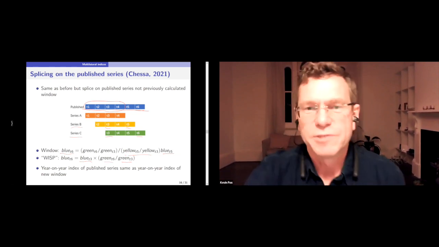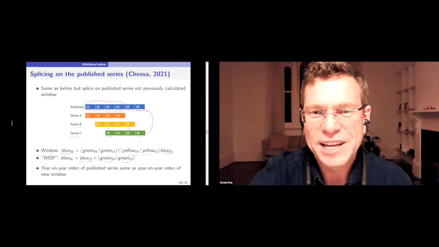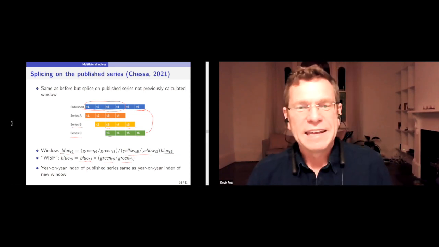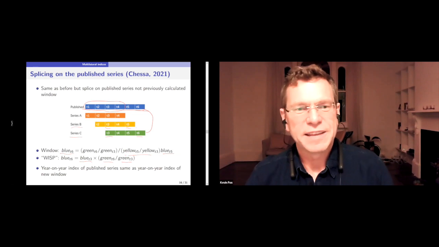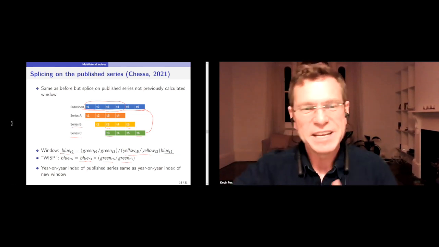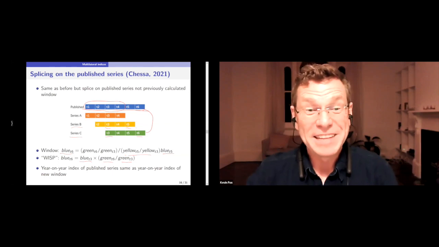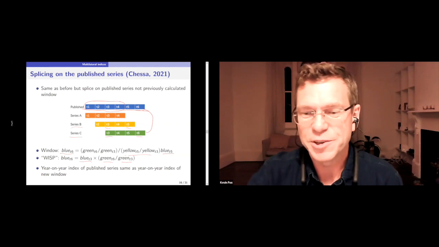So you're jumping up there and not linking on the most recent adjacent window. And apparently it's asserted that the benefit of doing this is that if you do a year-on-year approach, the year-on-year index of the published series is the same as the year-on-year index of the new window.